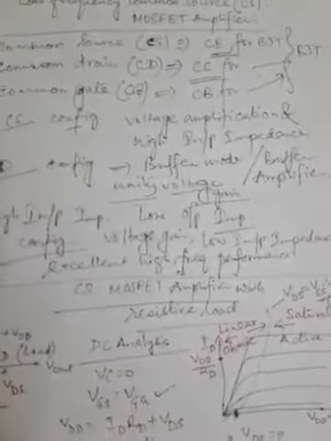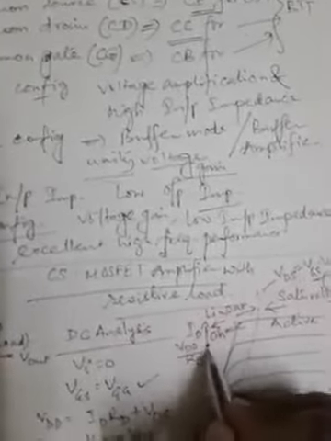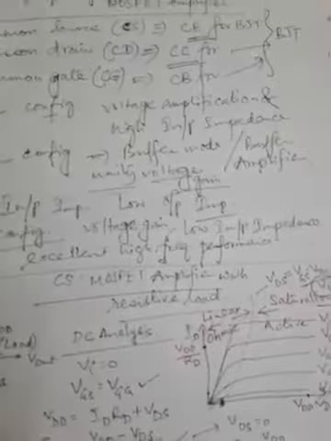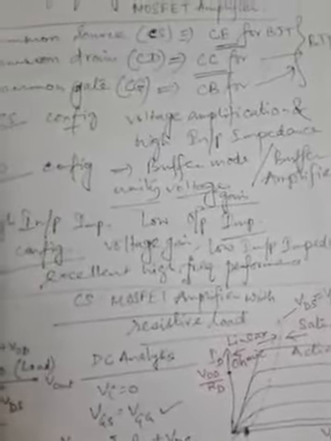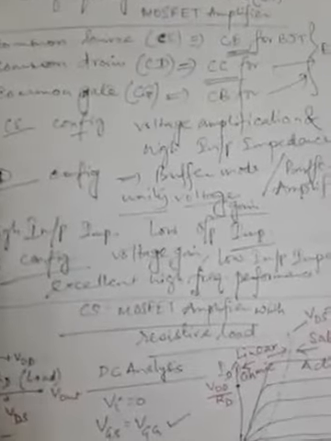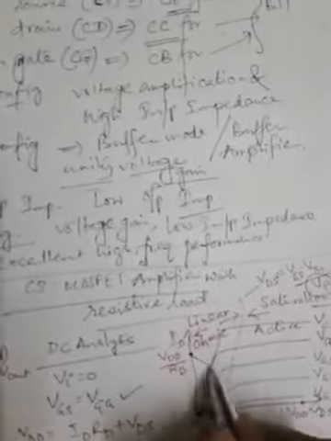So this VDD point will correspond to the cutoff region of operation, we can say, and the other point will almost mark the linear region of operation, because they are the two extremities of the load line. Now if we join these two points, we should be getting the fixed line, which is called the DC load line.